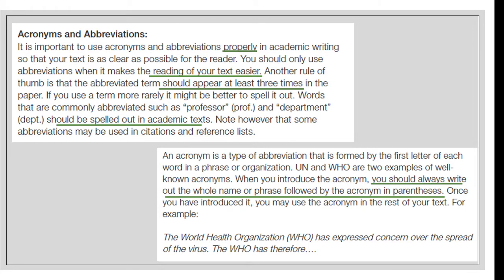Another rule of thumb is that the abbreviated term should appear at least 3 times in the paper. If you use a term more rarely, it might be better to spell it out. Words that are commonly abbreviated, such as professor or prof, and department, such as dept, should be spelled out in academic text. Note, however, that some abbreviations may be used in citations and reference lists.